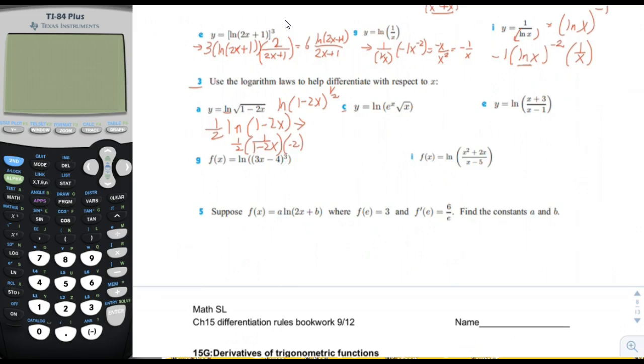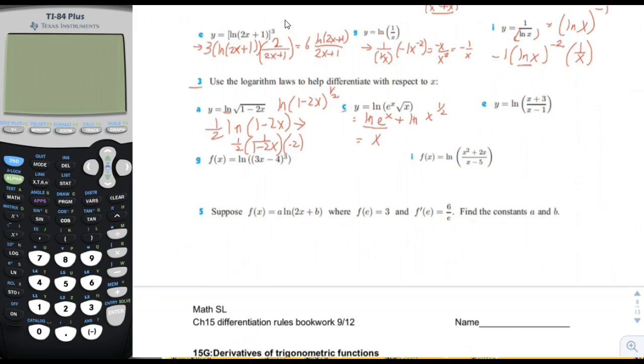What about C? Y equals the natural log of e to the x times square root of x. This is the same thing as doing natural log of e to the x plus natural log of square root of x, which is x to the 1/2. Okay? And remember, natural log of e to the x, natural log and e undo each other. So this is just x. And we're not even taking the derivative yet. We're just simplifying, right?